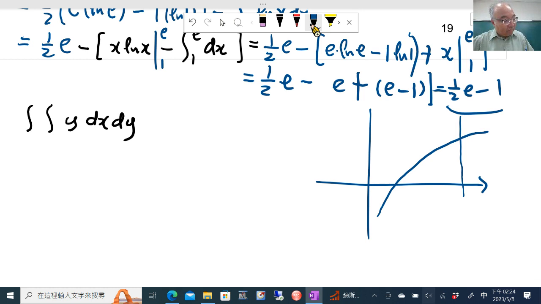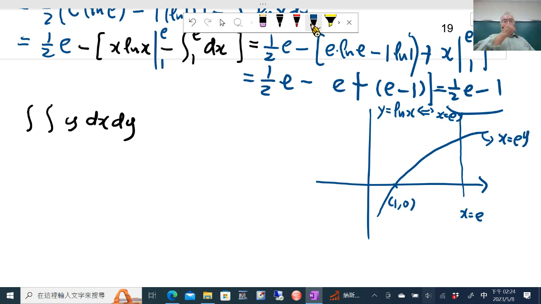Here I have x equal to e. Here I have 1, 0. And here now I'm going to say, instead of y equal to ln(x), we are going to say x will be equal to e to the y. So x will be equal to e to the y.